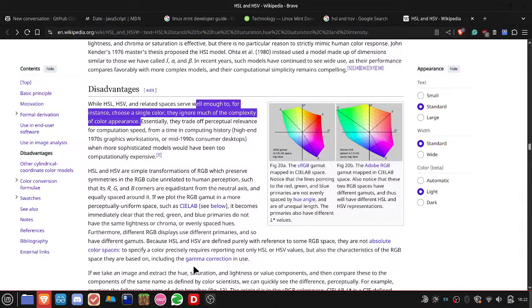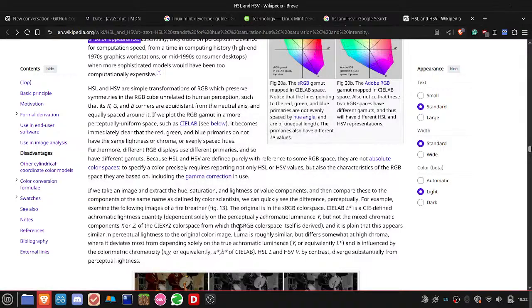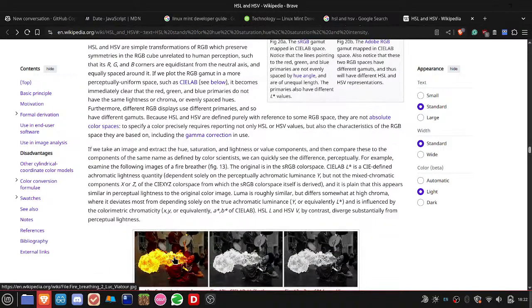Okay, if we take an image and extract the hue, saturation, and lightness for a component, then compare this to the components of the same name as defined by the color scientists, we can quickly see the difference perceptually. For example, examine the following images of a firewheel. The original is in sRGB color space.